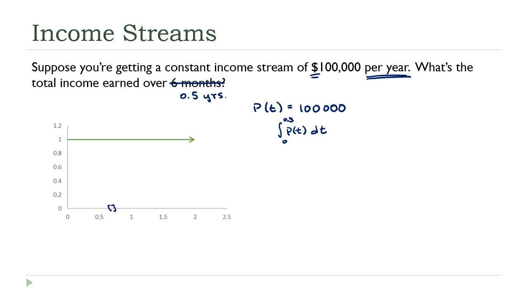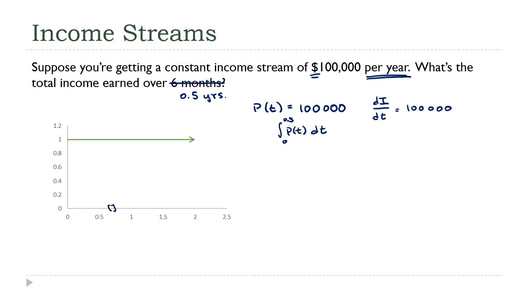Remember, this P of t is actually the rate of change of the income. So instead of calling it P of t, let's call it dI/dt, the rate of change over time of the income, and this equals 100,000. Now, if you think back to the first semester class, this is a separable differential equation, which we know how to solve.